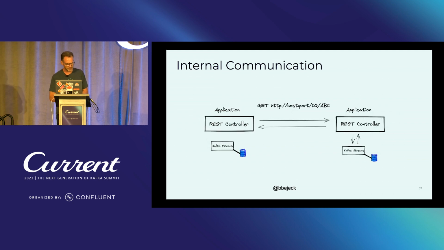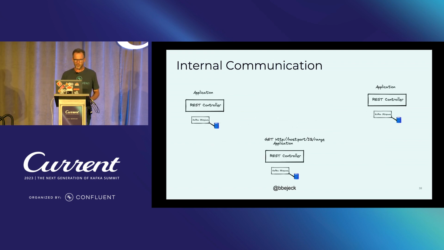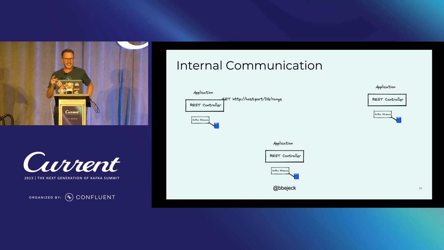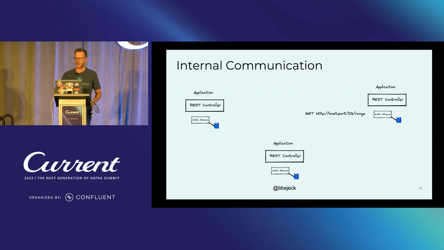In previous versions of this, I just reused the REST API, and just turned around and made the same REST call. That worked for key queries, okay. But with range queries, it presented a problem because with range queries, as I mentioned before, you have to query every instance. So if you've got 3 shards, you have to query each one.